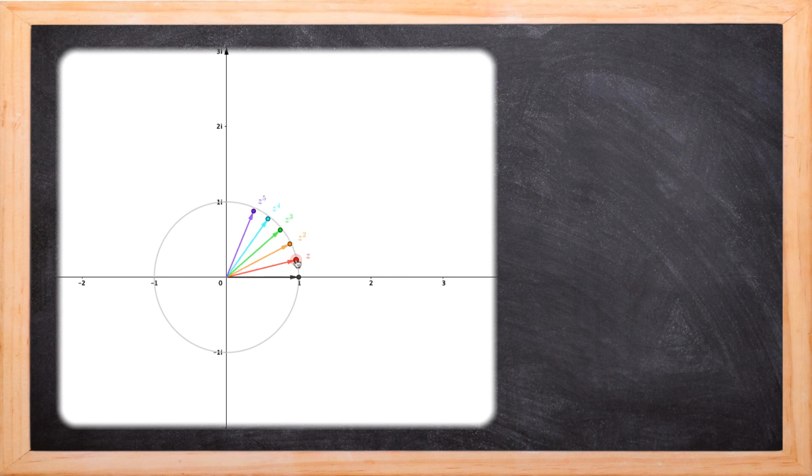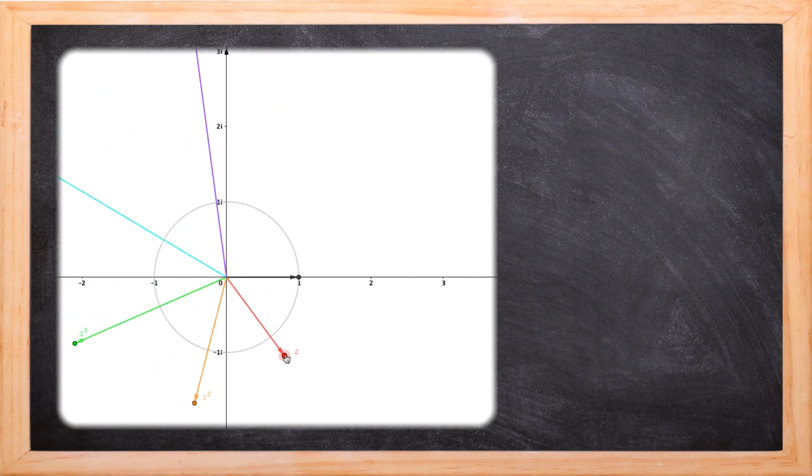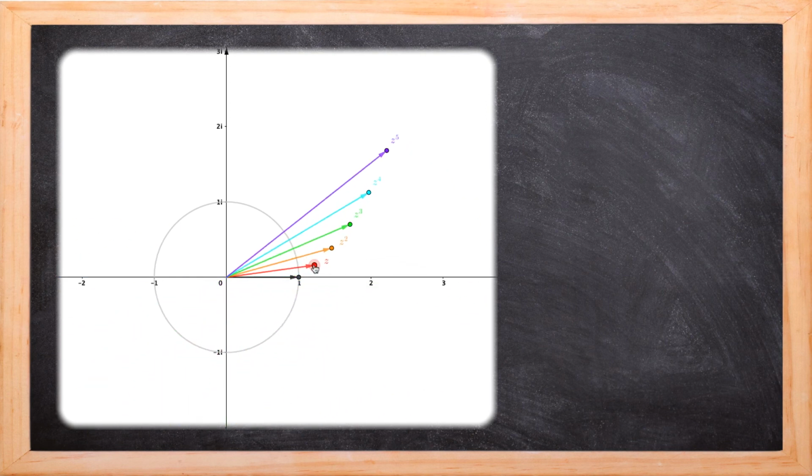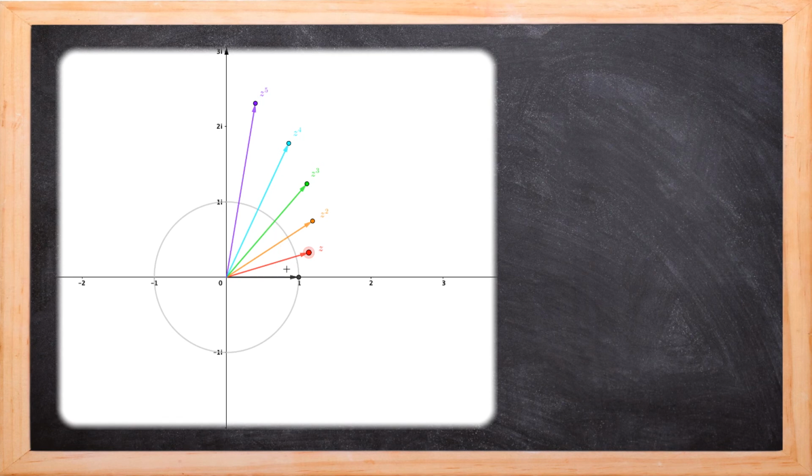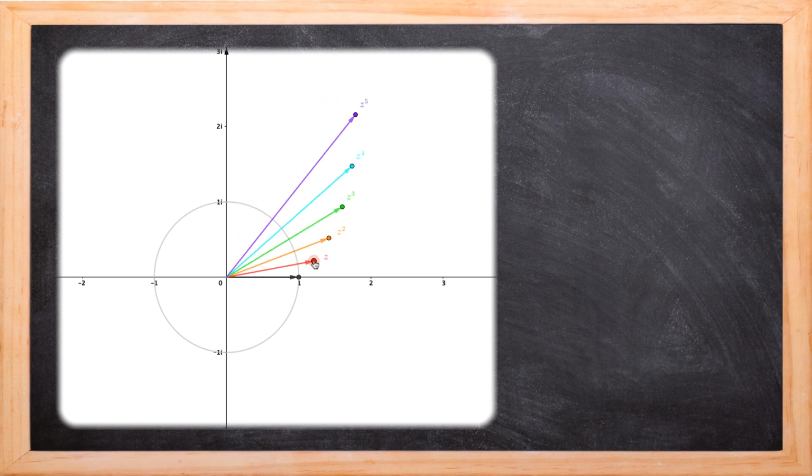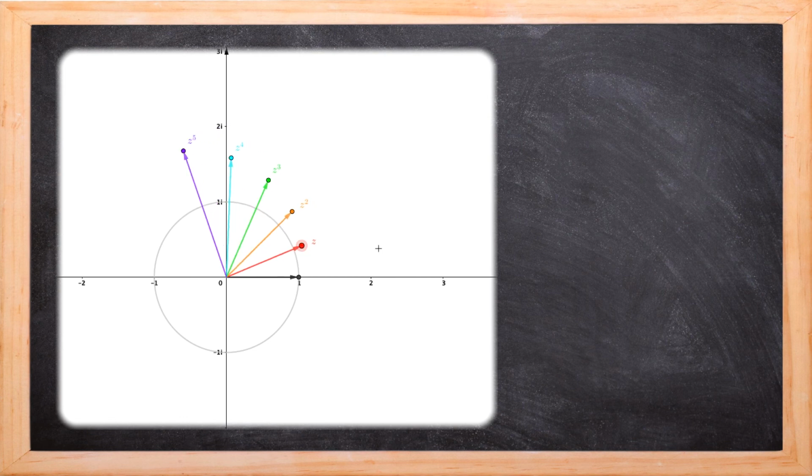And on the unit circle, all the moduli are 1. Equal angles all the time between these. All these 4 angles or 5 angles, including this one, are all equal. So that maybe gives you a feel for this situation and what it means in the Argand diagram.